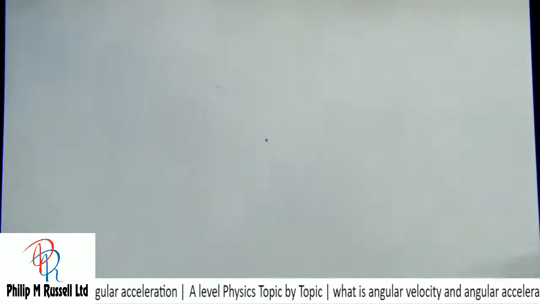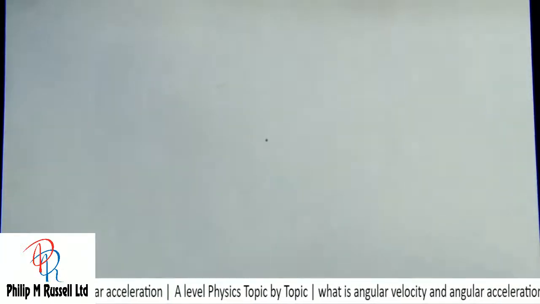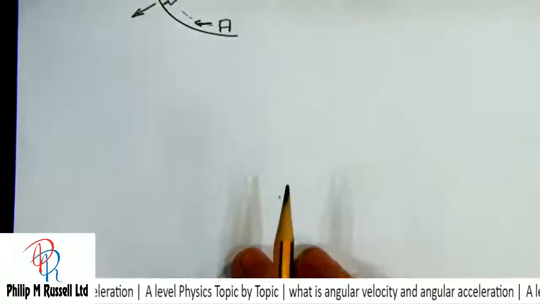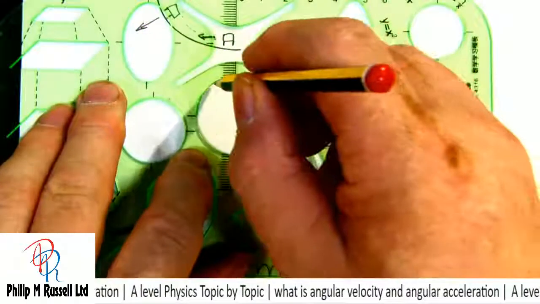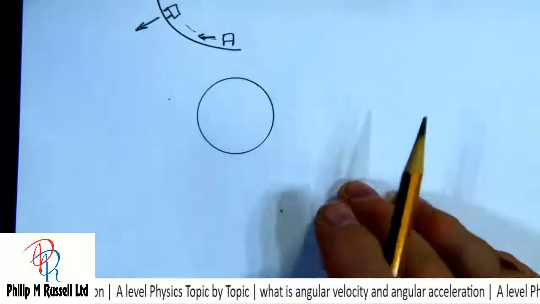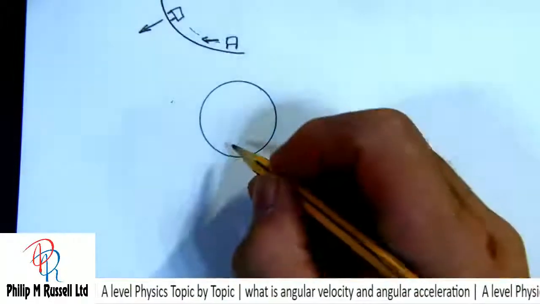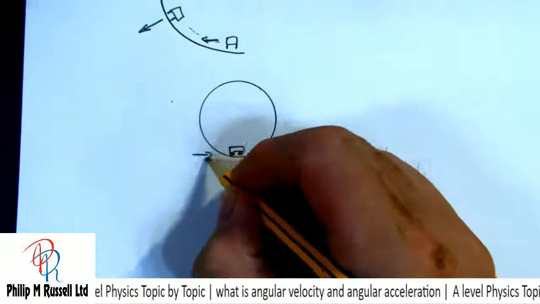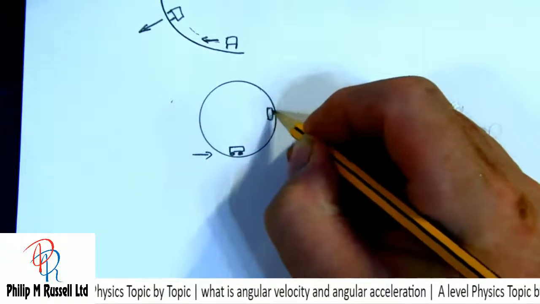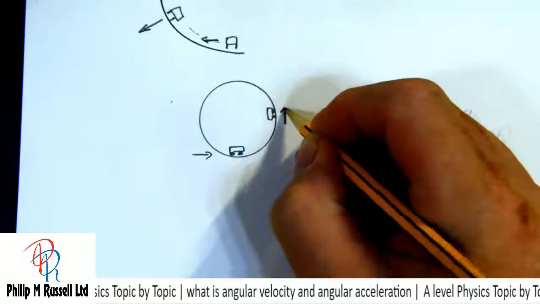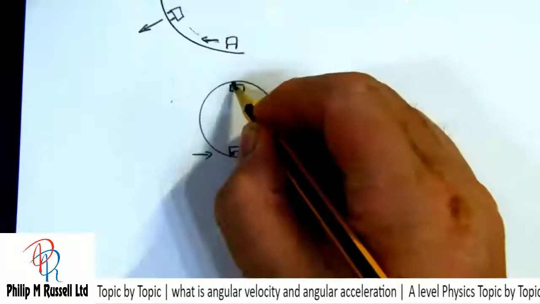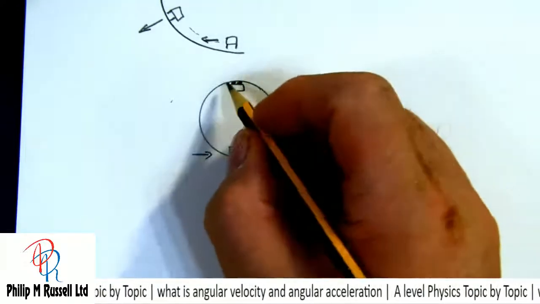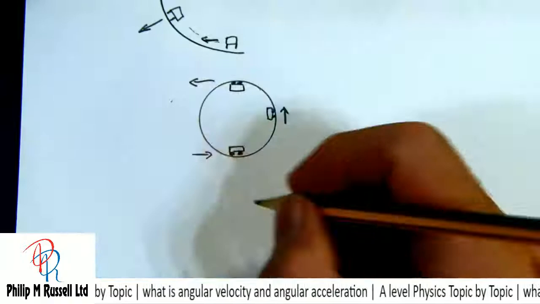Okay, so we've got this idea of centripetal acceleration, and we've got this moving in vertical circles. So let's look at this vertical circle. Now, what's actually happening? Well, we've got our car at the bottom as it comes in. We've got our car as it's going up, and we've got our car as it's travelling literally upside down.